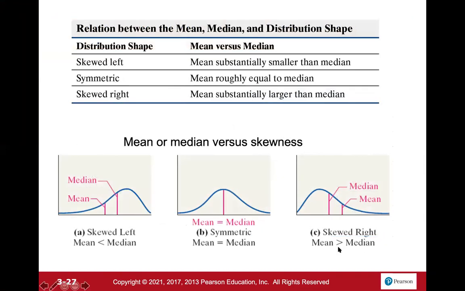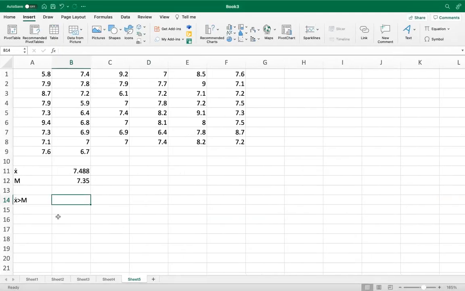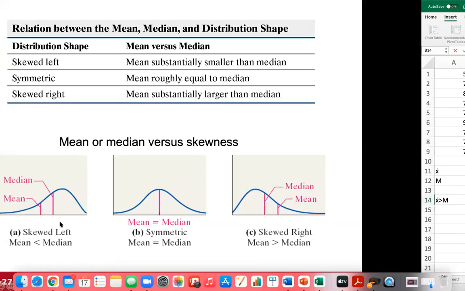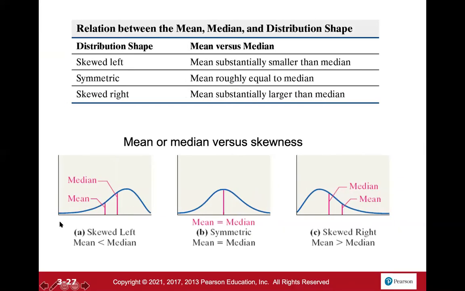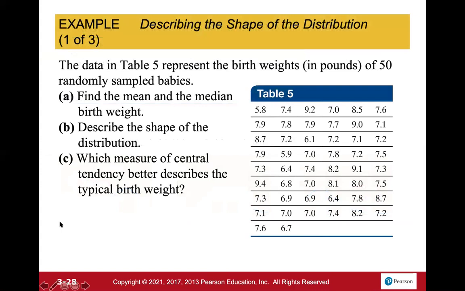The mean is greater than the median, so this is going to be right skewed, but only slightly.